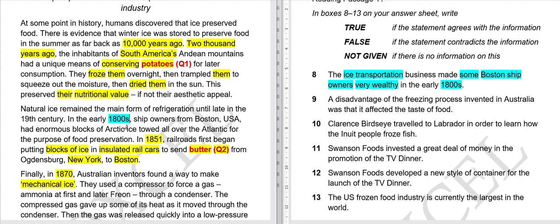In 1851, railroads first began putting blocks of ice in insulated rail cars to send butter from this location to this location. I'm going to give you 5 seconds to tell me the answer. After that, I will write the answer here. Time starts now.